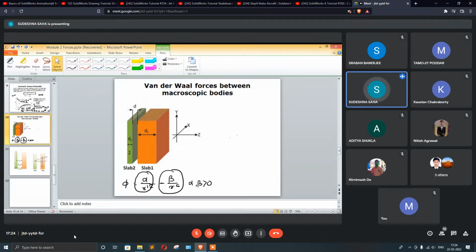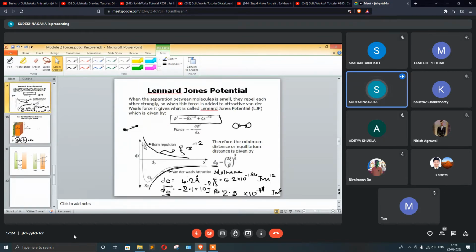From this figure you saw that it is moving from this to this. So there is a distribution of the potential over the distance. If I put it in the r form, or you can put it in x terms, that's fine.